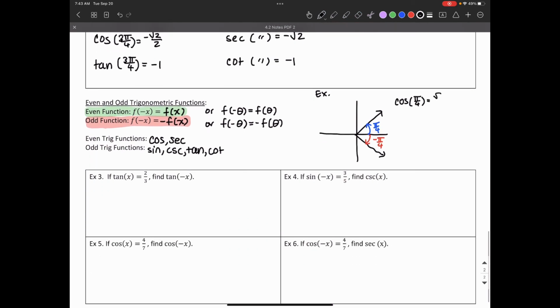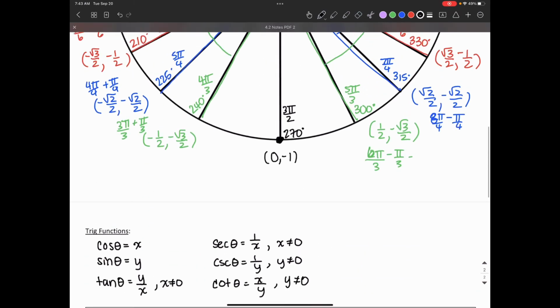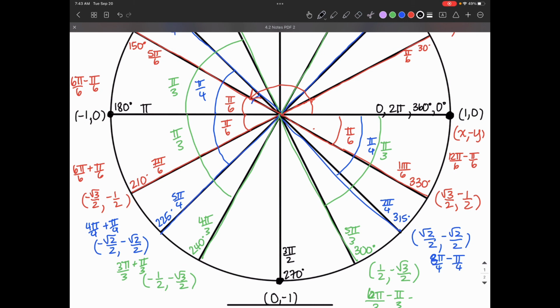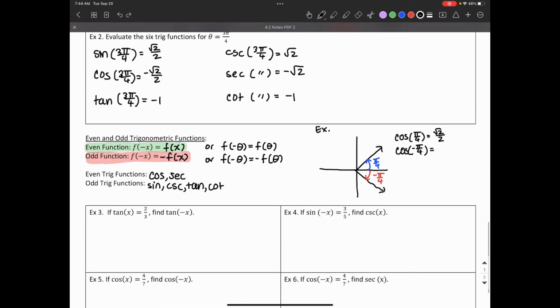And then for cosine of negative pi over 4, negative pi over 4 is 7 pi over 4, where my cosine value is square root of 2 over 2. And so it's going to be the same thing, the same whether I plug in the positive version or the negative version. So that proves that cosine is even.